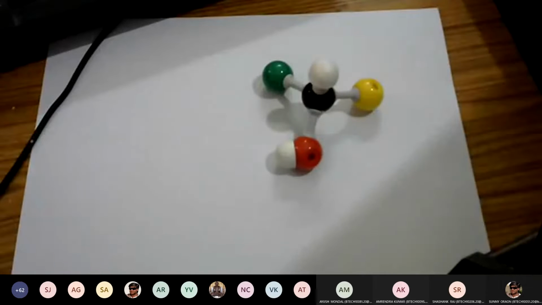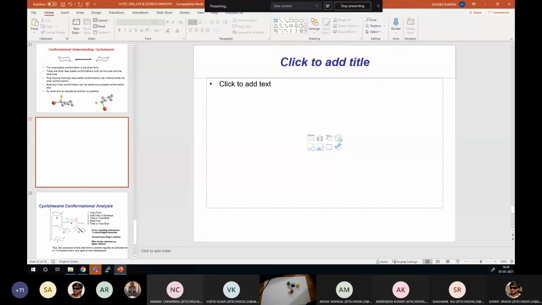Screen and video. So, are you able to see the screen and video also? Good. Okay. So now let me draw.